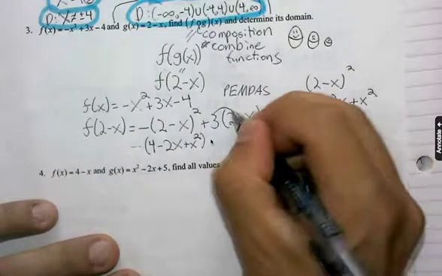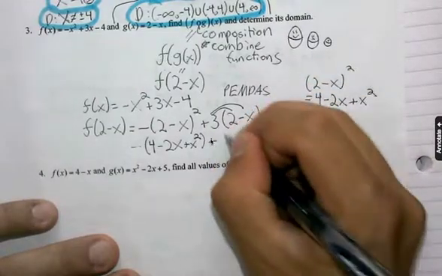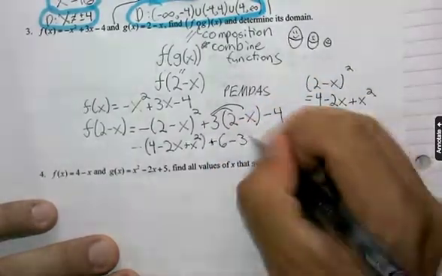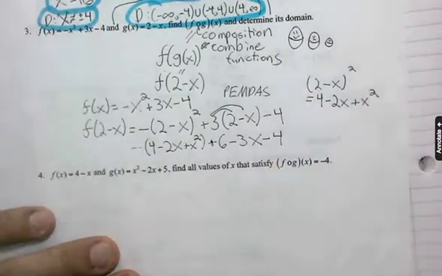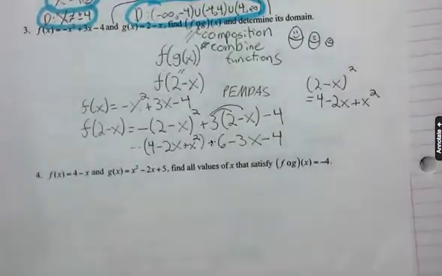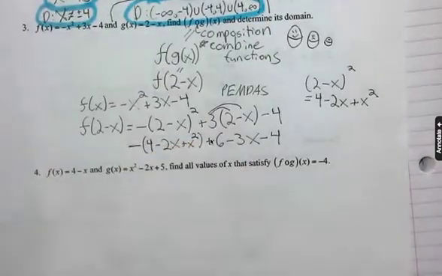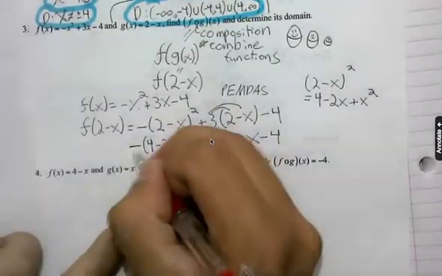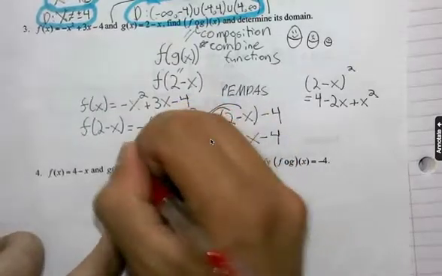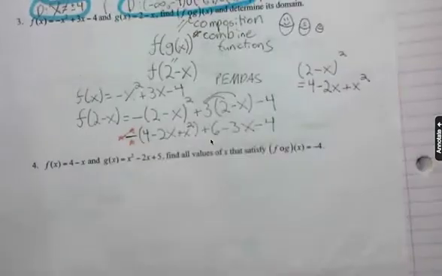I'll start to distribute in this 3, so plus 6 minus 3x minus 4. Keeping in mind that we're subtracting all of this trinomial. That's really crucial.